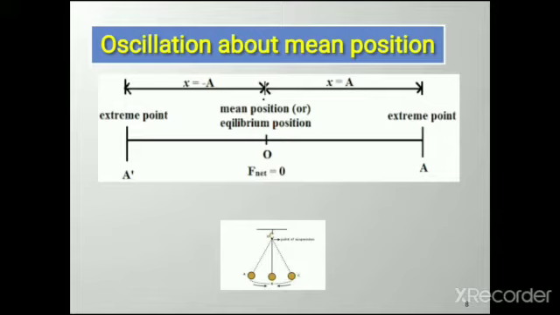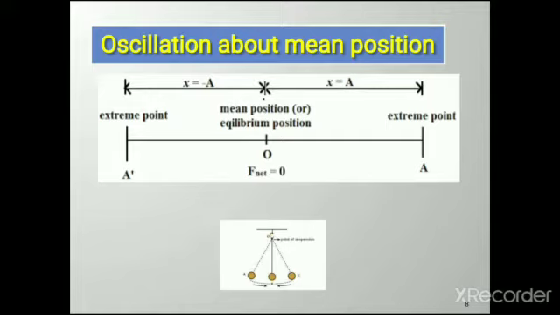Here is an example of oscillation about mean position. A pendulum which is at rest, or at equilibrium position, if displaced from its equilibrium position, then oscillates about its mean position.